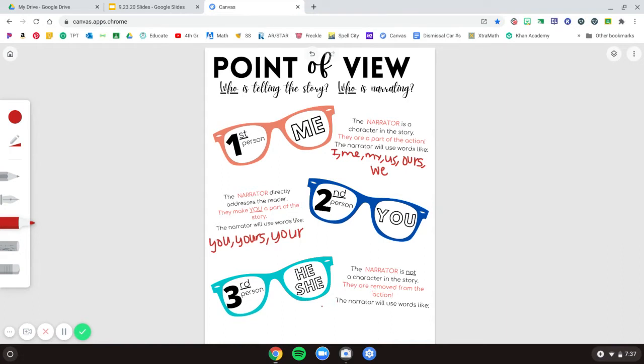The narrator's going to use words like he, she, they, them, him, her, theirs, things that talk about people without saying necessarily their name, but using those pronouns like that. So now we're going to do some examples in our notebook.